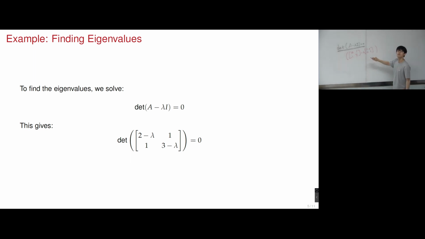And if you do the subtraction, what you get is 2 minus lambda, 1, 1, 3 minus lambda. So it becomes one matrix like this. I hope you guys can see it. It's on the slide, okay? And you're making sure that this determinant is 0. So we have to choose a lambda that makes it 0, okay?